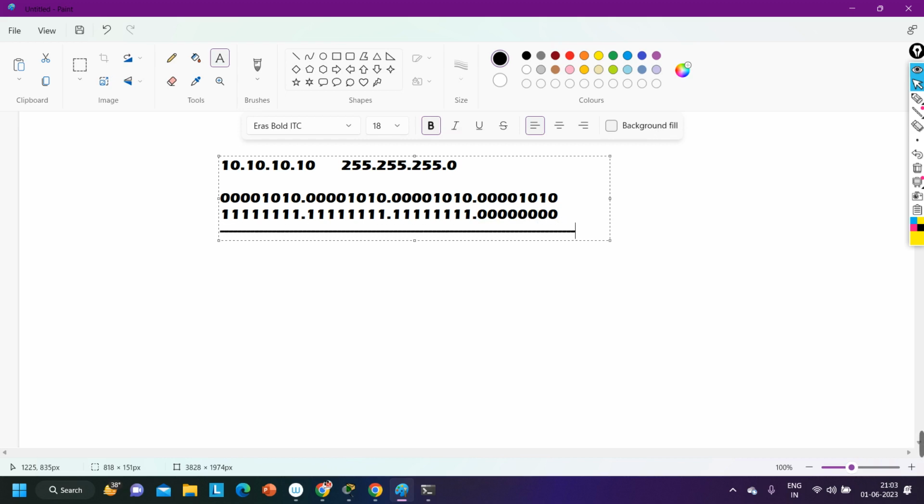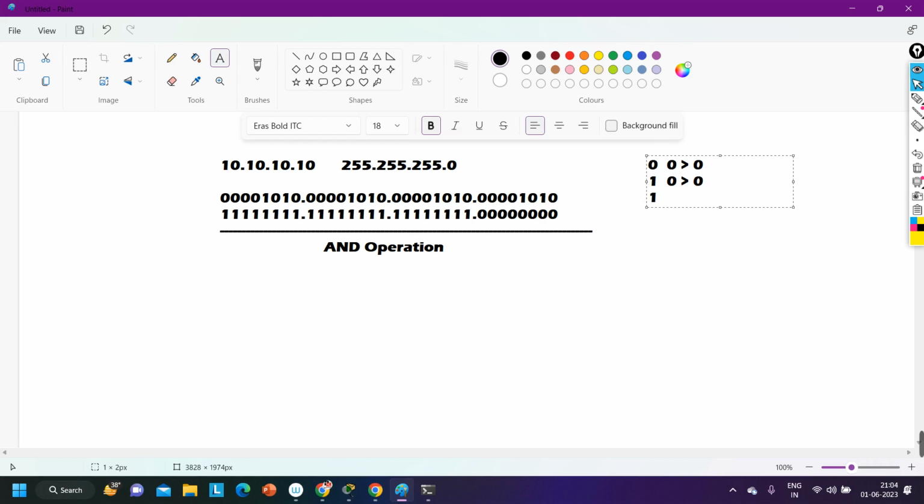You will convert both into binary. After that, what will you perform? AND operation over here. You all know the AND operation. In the AND operation, if the input is 0 0, then the output is 0. If the input is 1 0, then the output is 0.